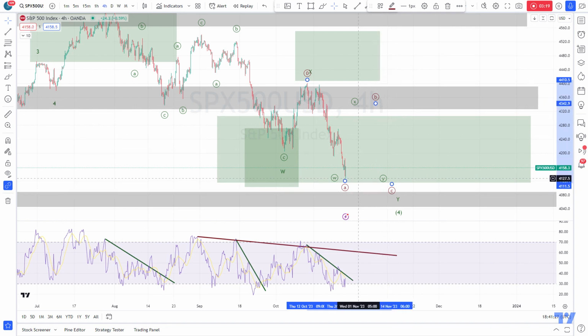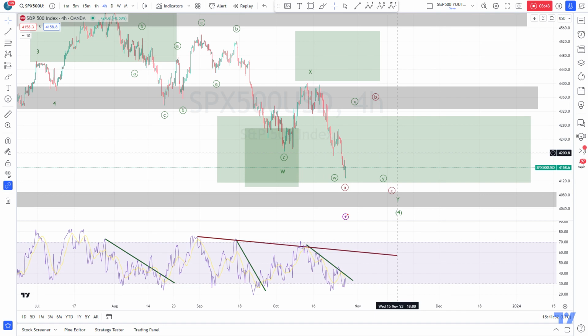It is sufficient to take out this wave A low, but at least it is an interesting situation that we should pay attention to here, this wave 4 area and this wave 4 scenario. So this we will do in the higher time frame analysis this weekend.